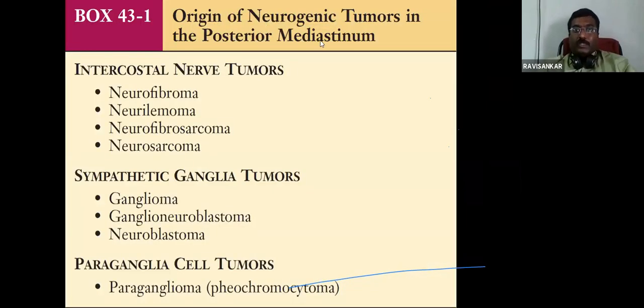So the neurogenic tumors are classified based on the origin, where the intercostal nerve tumors can have neurofibroma, neurilemmoma, neurofibrosarcomas. Whereas sympathetic ganglion tumors can be classified as ganglioneuroma, ganglioneuroblastoma, or neuroblastomas. The paraganglial cell tumors are classified as a paraganglioma, extraadrenal paragangliomas.